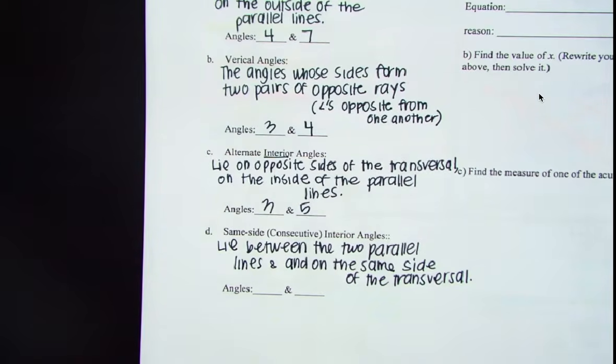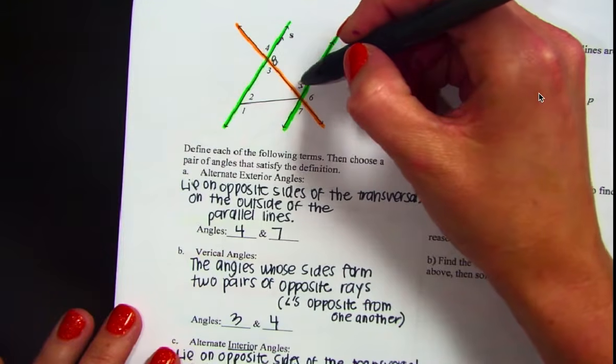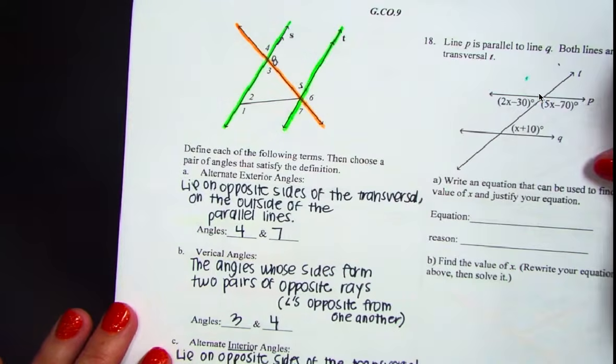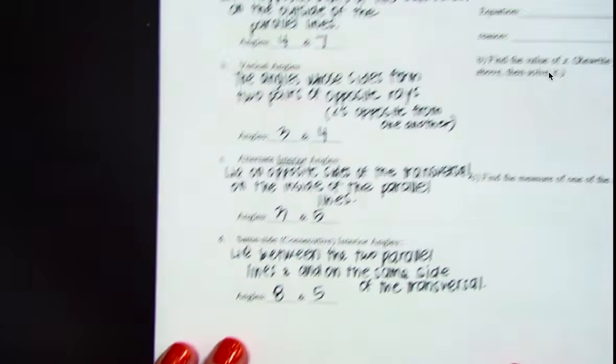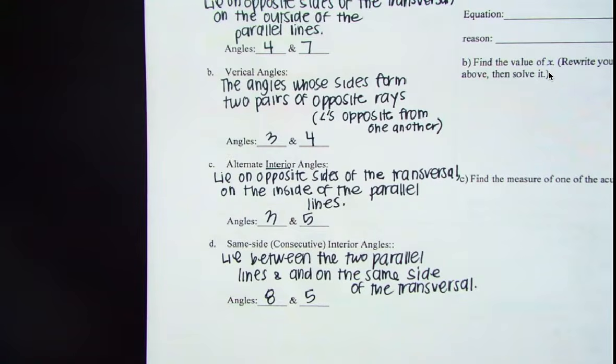So they lie between the two parallel lines and are on the same side of the transversal. That would be angle 8 and angle 5. So we have angles 8 and 5.